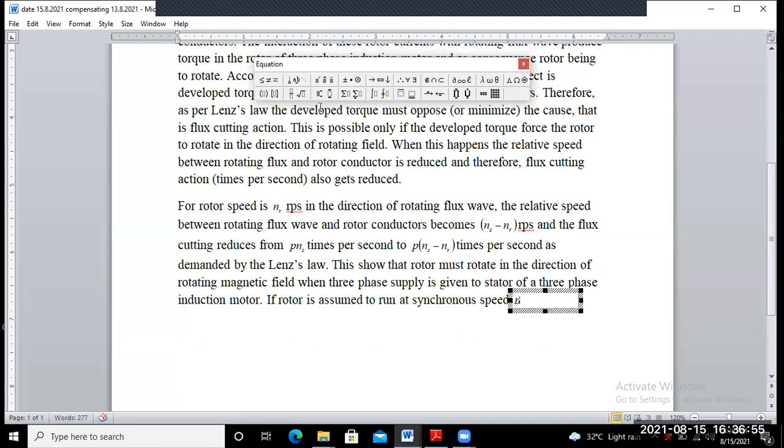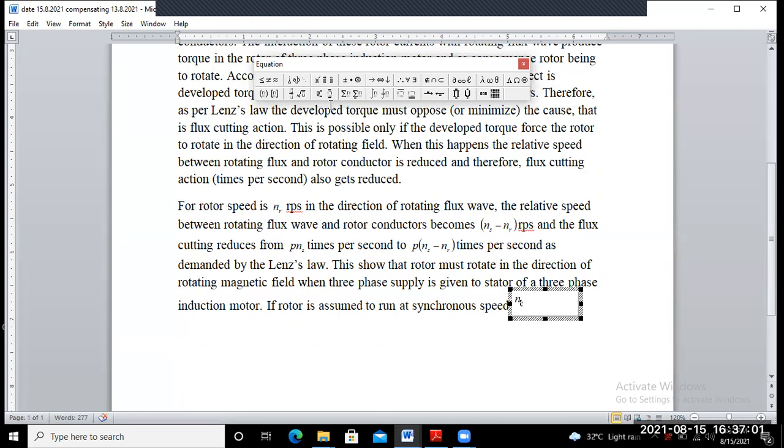Synchronous speed is represented by small ns in revolutions per second and capital Ns in revolutions per minute. So be careful about the unit of the synchronous speed. Small ns represents your synchronous speed in revolutions per second, and capital Ns represents the synchronous speed in revolutions per minute.